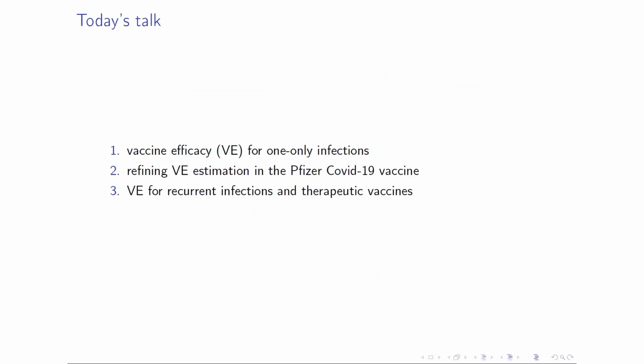We will see an example from the Pfizer paper on the COVID-19 vaccine, and then we will mention what happens for vaccines with recurrent infections, so more than one event of infection. For example, when you have recurrent events like exacerbations of a certain infection, and you want to reduce the number of exacerbations.